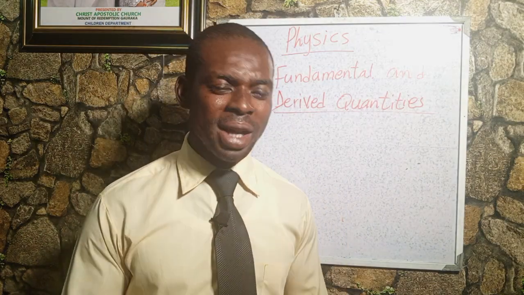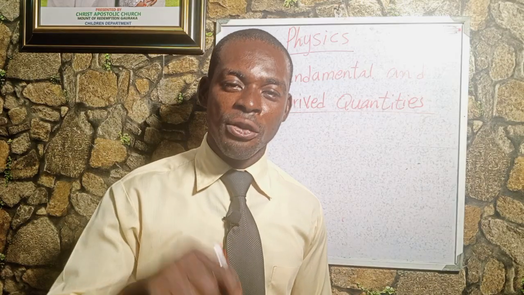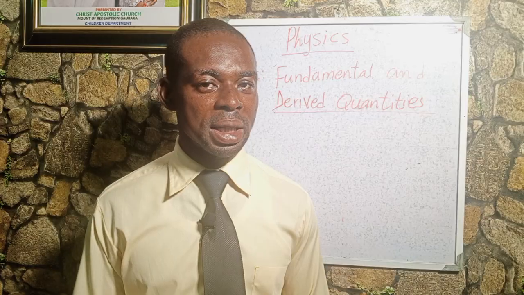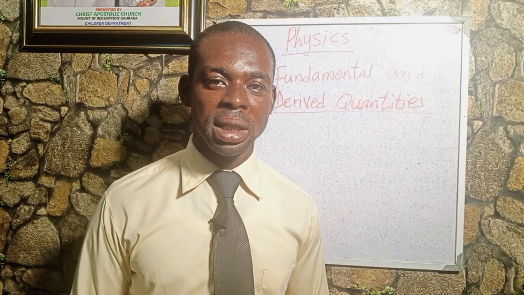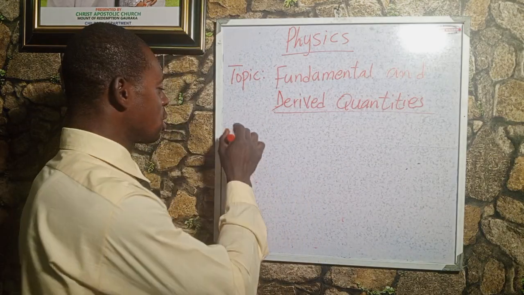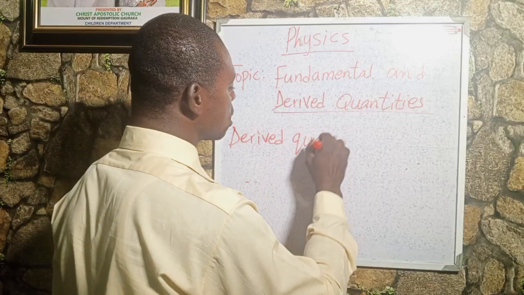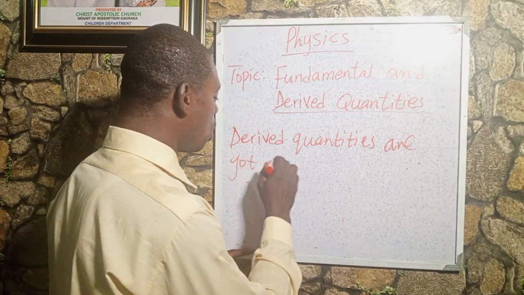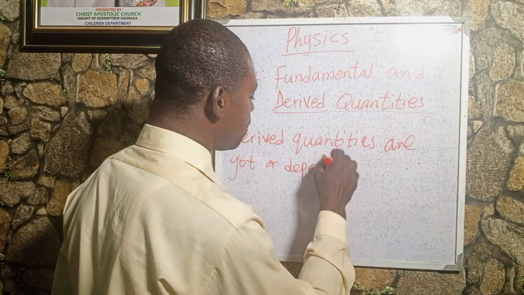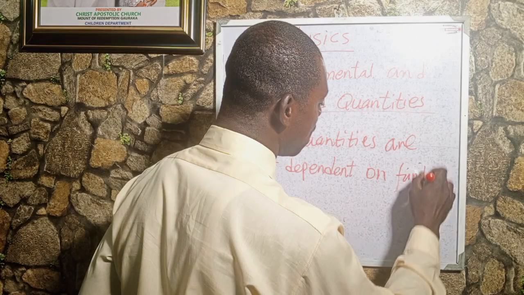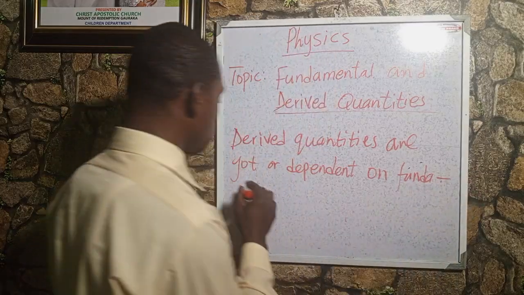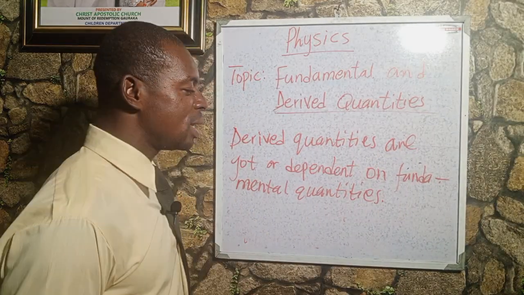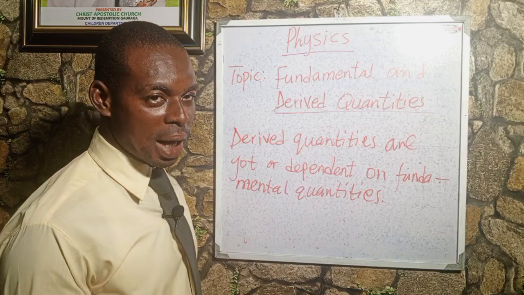What are derived quantities? Just as the name implies, derived quantities are got from the combination of fundamental quantities, or we can say derived quantities are got from other quantities. So derived quantities are got from, or dependent on, fundamental quantities.